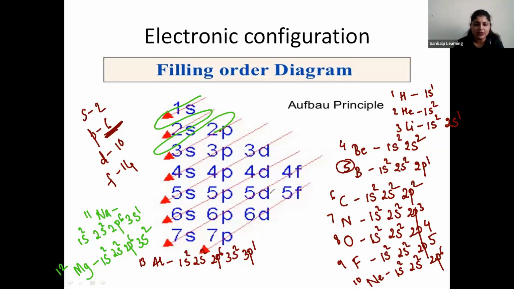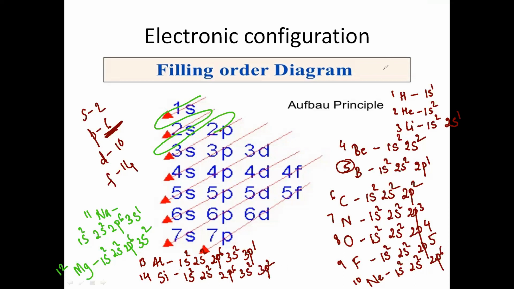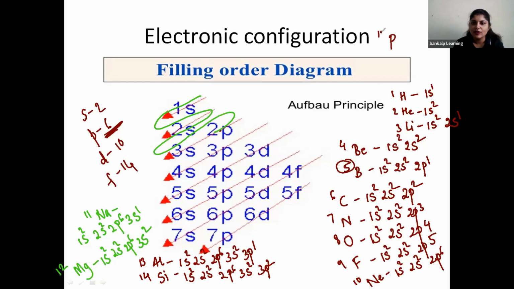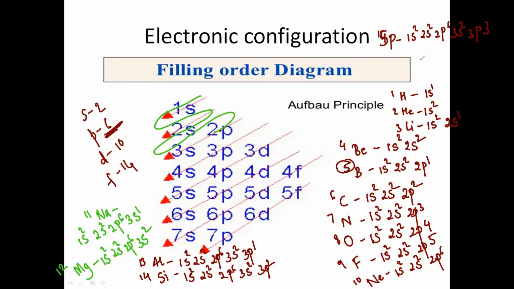Then after aluminium is your silicon. Silicon is 14. So go on filling the same way: 1s2, 2s2, 2p6, 3s2 and 3p2. Then after silicon is phosphorus. Phosphorus is 15: 1s2, 2s2, 2p6, 3s2, 3p3.